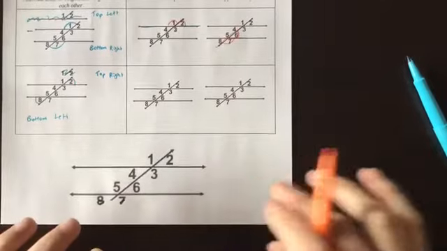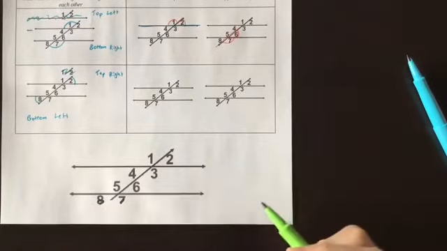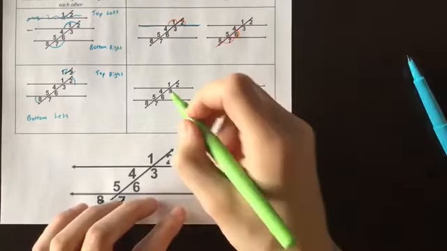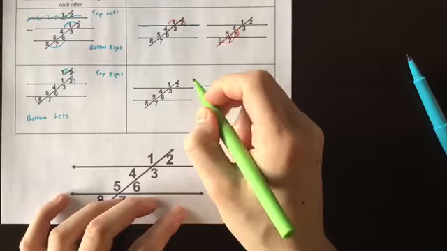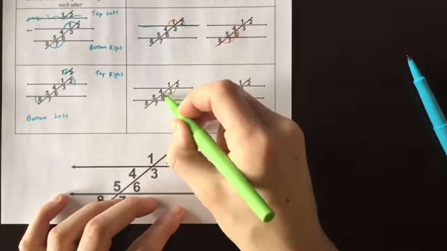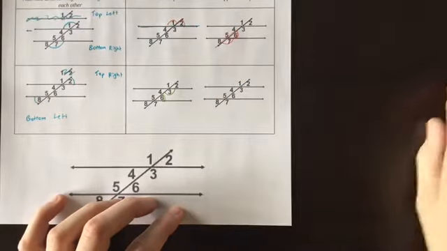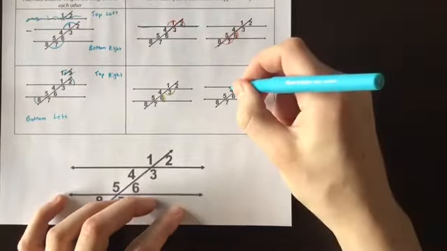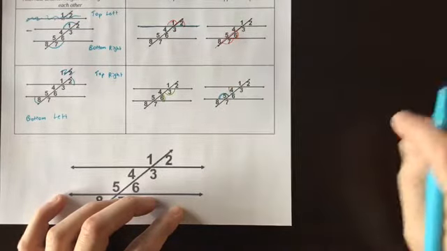The cool relationship we have in our parallel lines cut by transversal is that interior angles on the same side of the transversal are also supplementary. So angle 3 and angle 6 are going to be supplementary, and angle 4 and angle 5 are going to be supplementary.